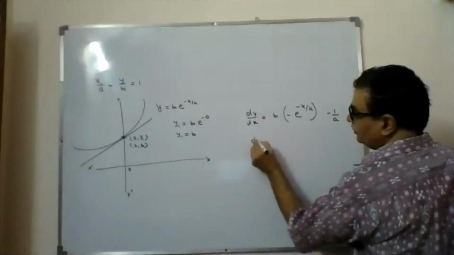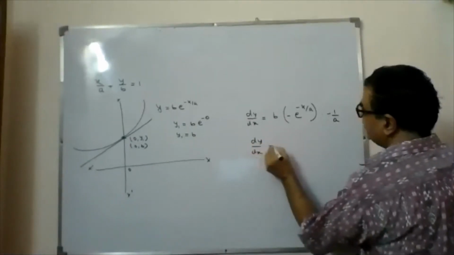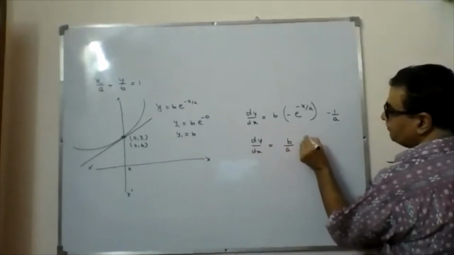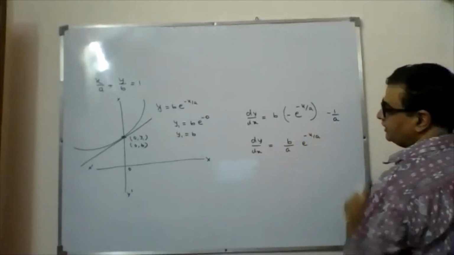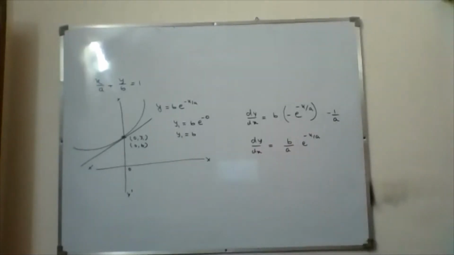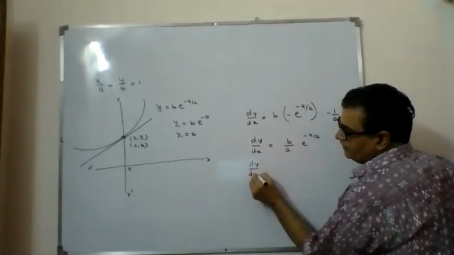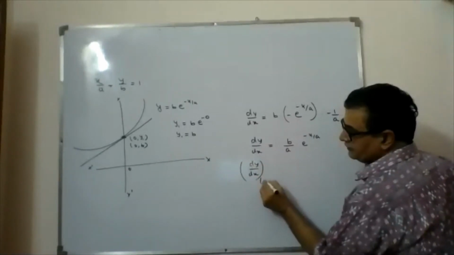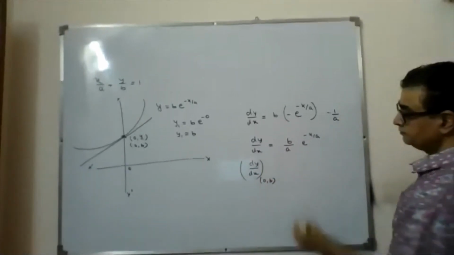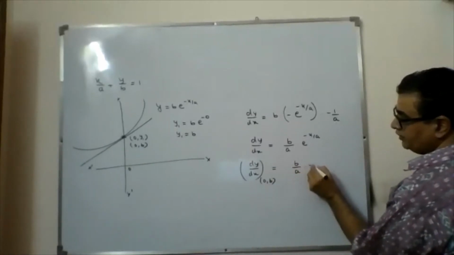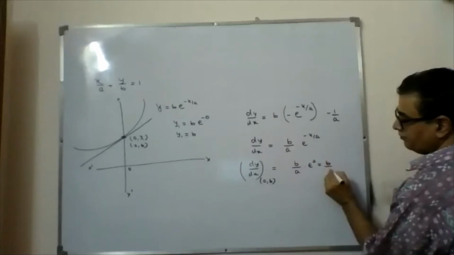Then I write down dy by dx will be b by a into e power minus x by a. And now we want the slope of tangent. The point is 0, b. So if it is 0, b, what will it come? b by a into e power 0. It is coming b by a.